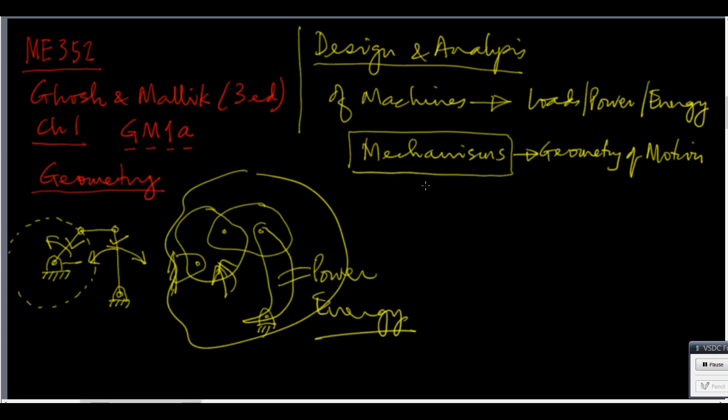Now, when we look at mechanisms, we have to pay attention to kinematic pairs. And a kinematic pair is a connection between two bodies, right? So the connection is called a kinematic pair, and they are classified according to the type of connection.